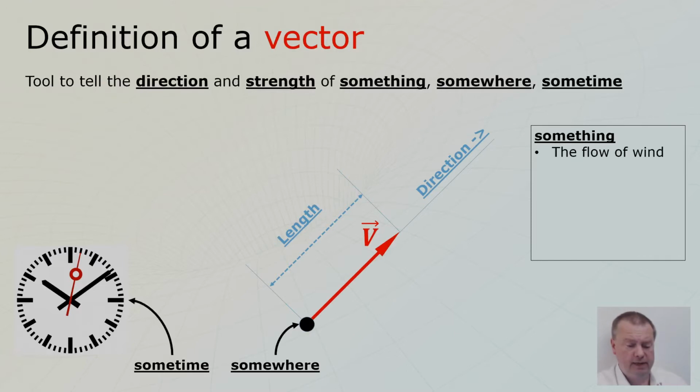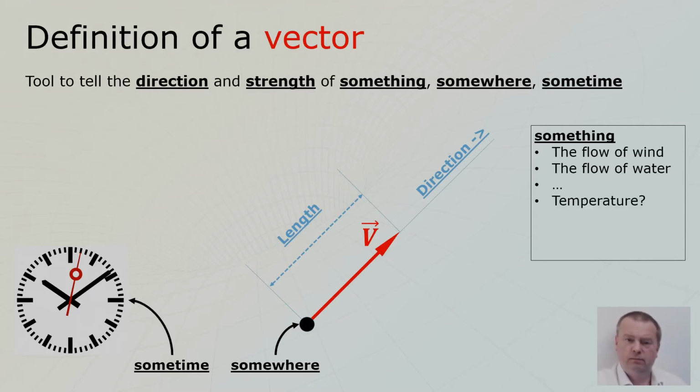Let's look at something. Well, we just saw a perfect example. Vectors are really great to describe the flow of wind, where it's going and if it's strong or weak. So that's intuitive. It could also be the flow of something else, like water or syrup or whatever. Could be anything.